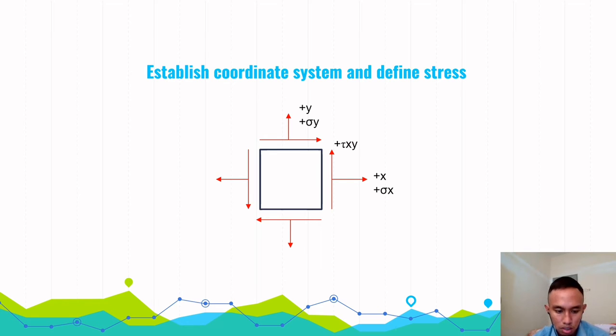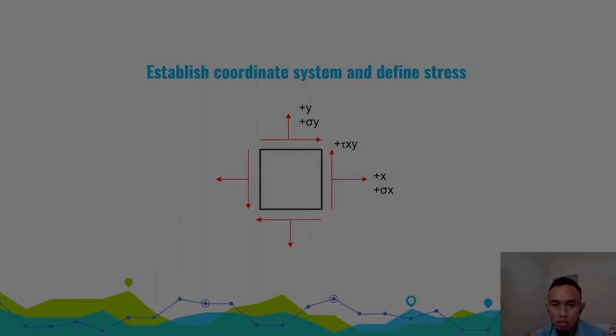And the red arrow on the top right here is plus shear stress, because the red arrow is in the positive x face and in the plus y direction.